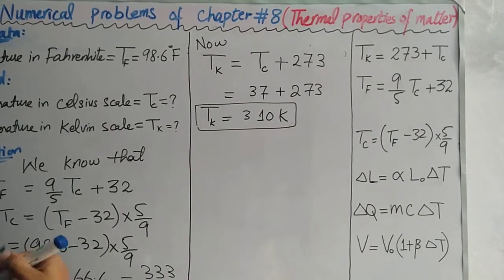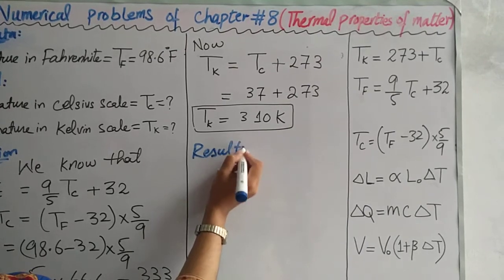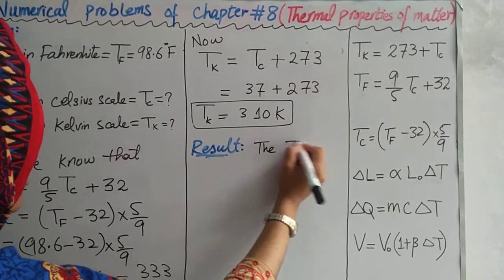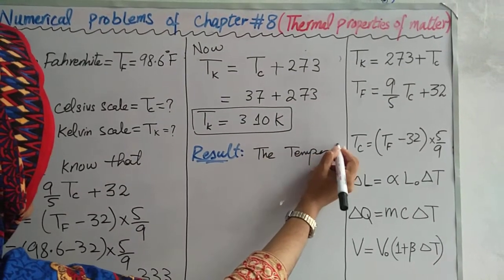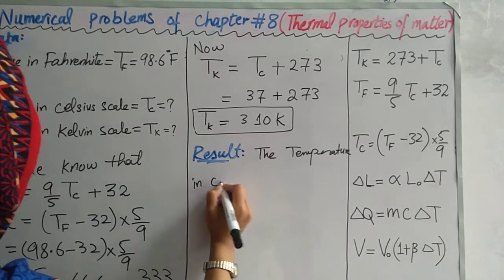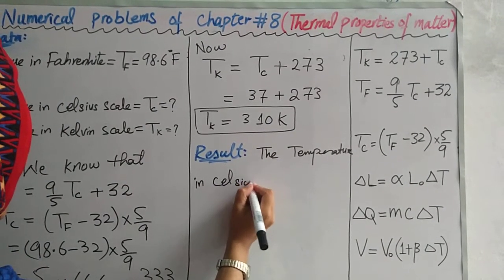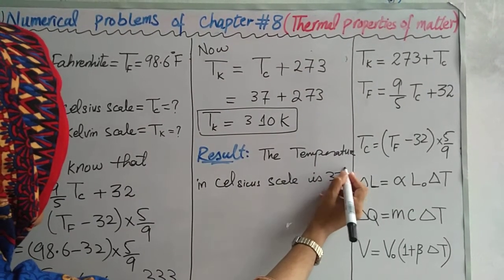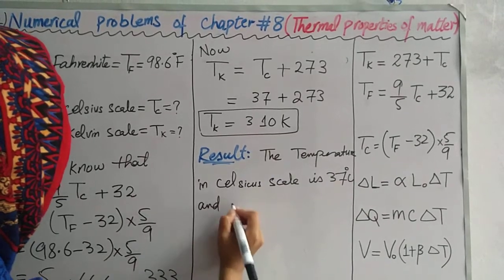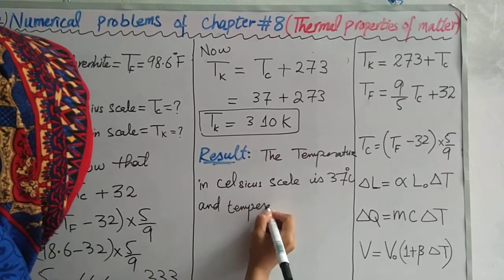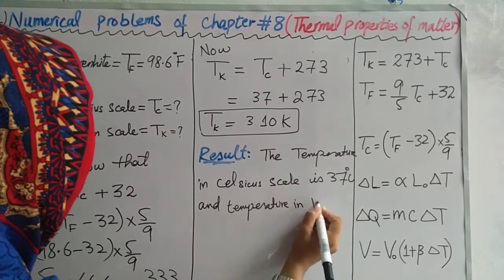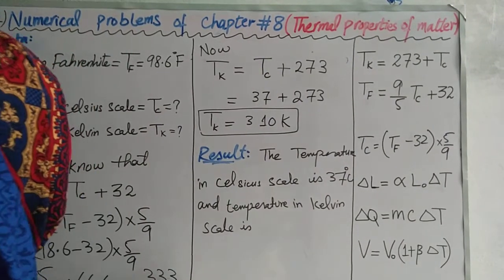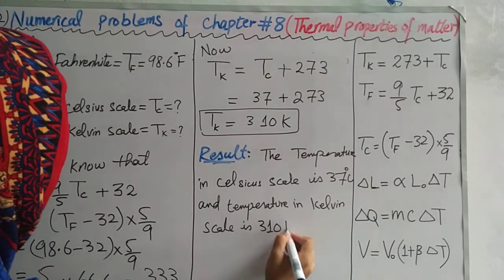Now result. What is the result? The temperature in Celsius scale is 37 degrees centigrade, and temperature in Kelvin scale is 310 Kelvin.